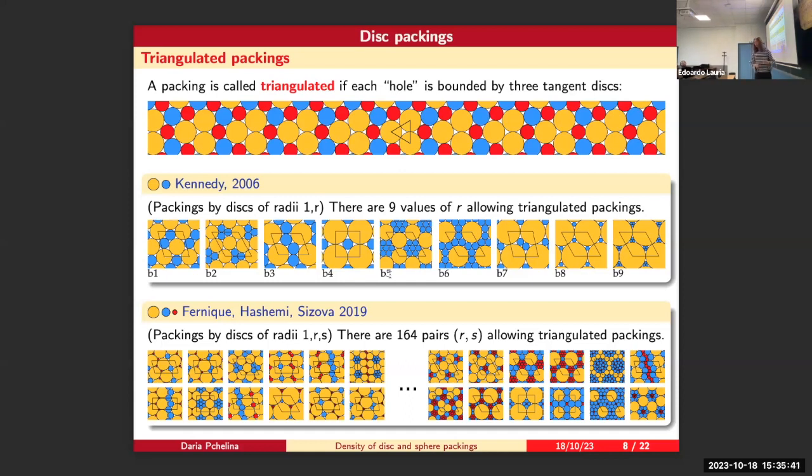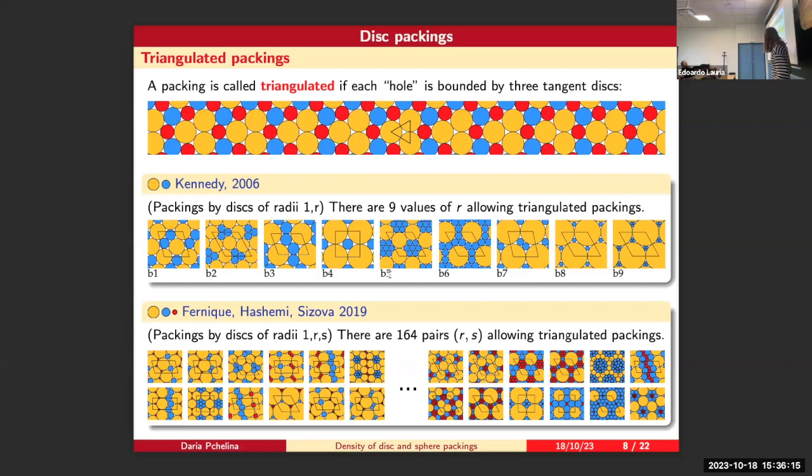For R and S, we always normalize here, so the largest disk is always of radius 1, and R and S are between 0 and 1, and S is smaller than R. Here it's a theorem for arbitrary R and S: these are all the possible R and S that can produce a triangulated packing. Only 164. So this is a recent result.